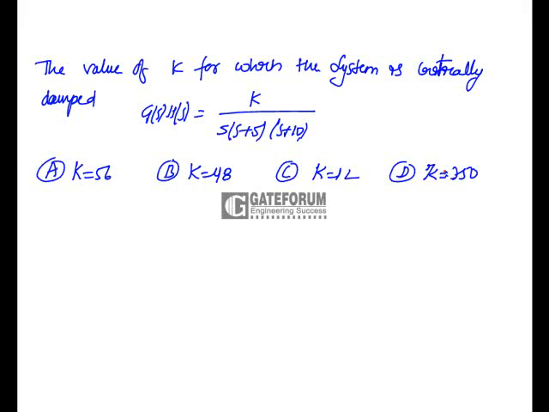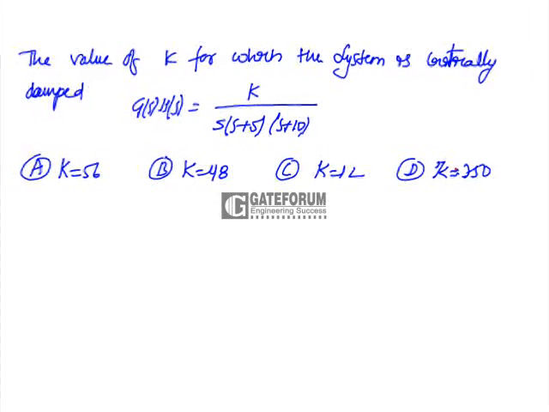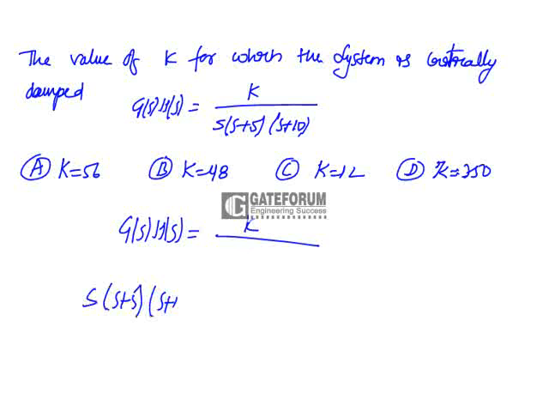Value of k for which the system is critically damped. We have to find the gain k for which the system is critically damped. He has given G(s)H(s) equal to k by s into s plus 5 into s plus 10.